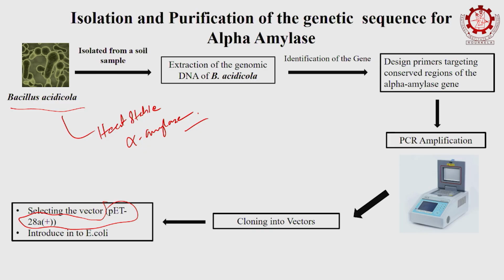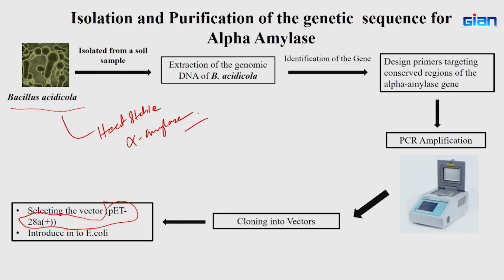Bacillus acidicola is usually present in soil, so we are isolating different cultures, and different strains will be there. From those we will isolate the strains which produce a higher amount of alpha amylase, can grow under different variable conditions, and produce a definite proportion of alpha amylase.